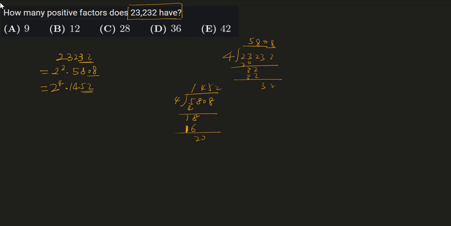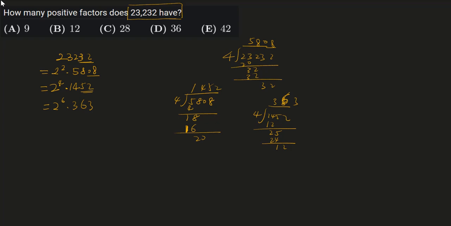Again, this is divisible by 4. So we have another 2 squared. So 2 to the 6 times 1452 divided by 4. So that's 3, 12, 25, 6, 24, 12, 3. Good. Now this is our number.